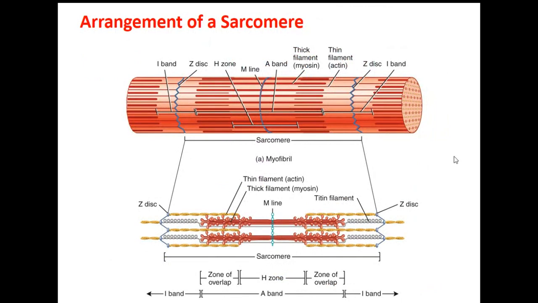Again, same thing, enlarged. We see these long myosin protein molecules, and each one has a hook on the end sticking out. You see some of them are attached to the thin filaments.